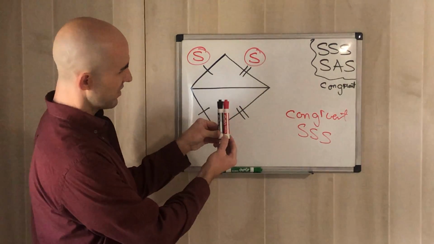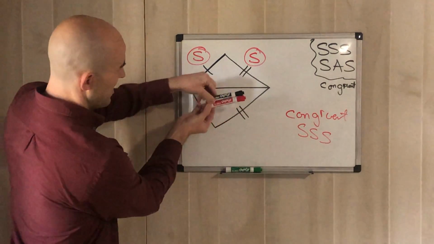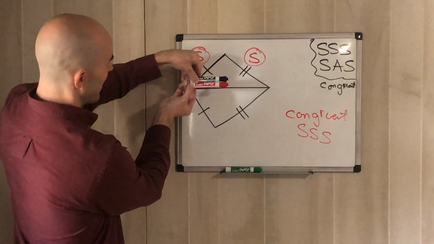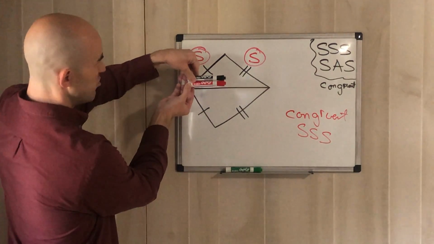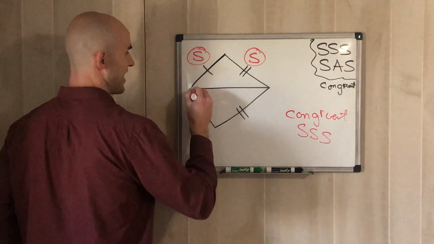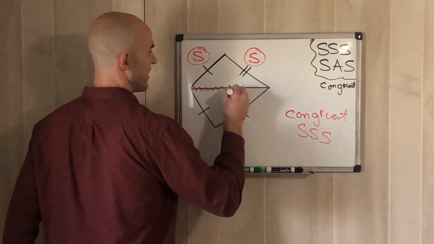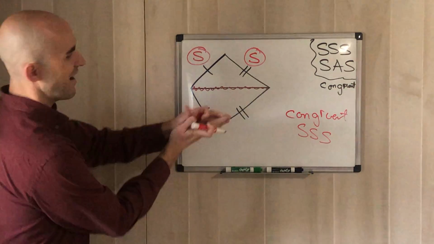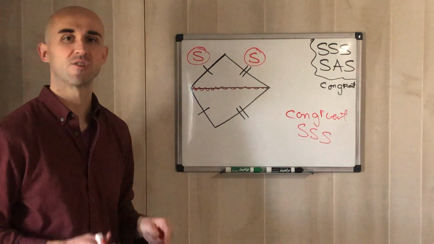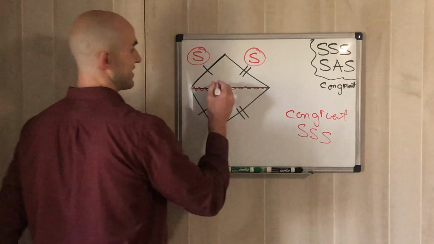When they're together, you know perfectly that they're the same. It's that same idea. It's this side here in the middle, where even though there's no tick marks, when those two sides are together, automatically we know that that's the same.